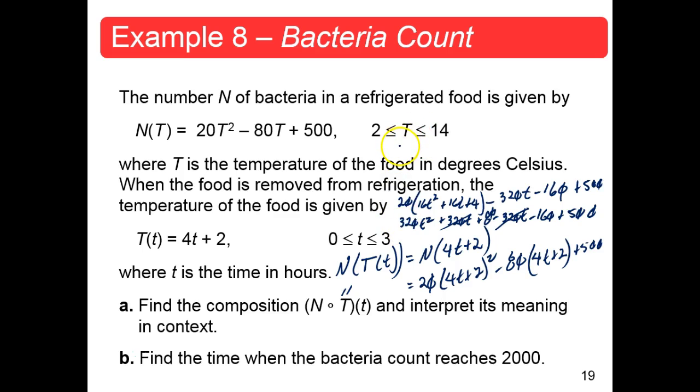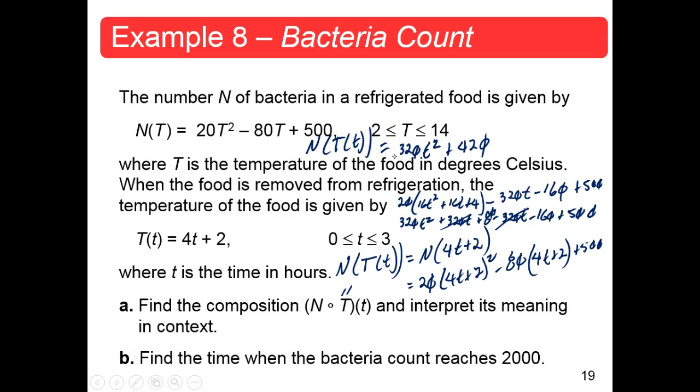This will be 320t squared. And then combine those. 580 minus 160 would be 420? Okay. Plus 420. All right. So this is your N of T of t.